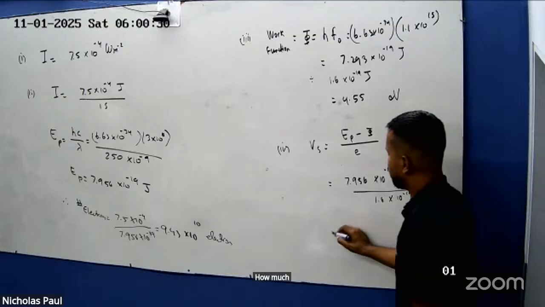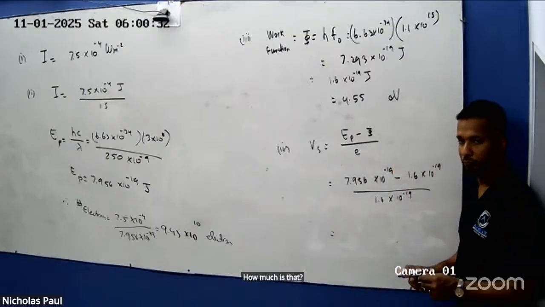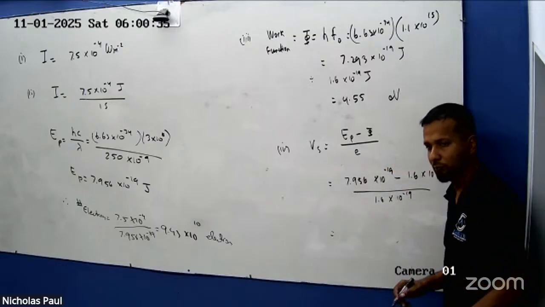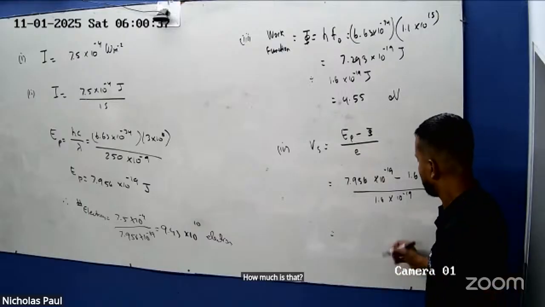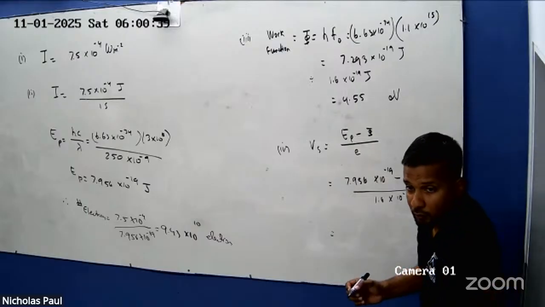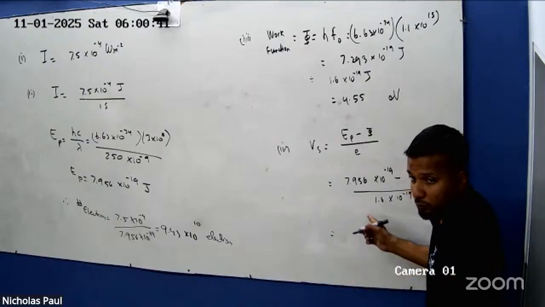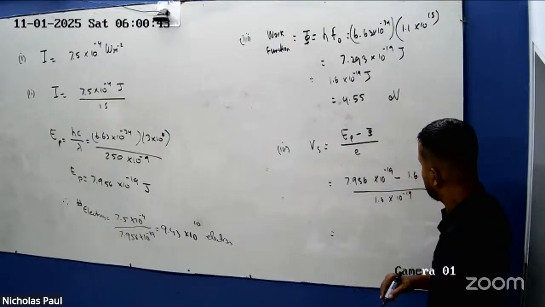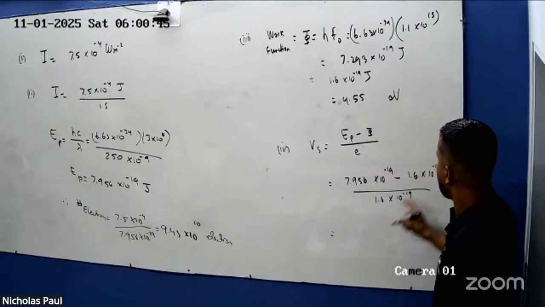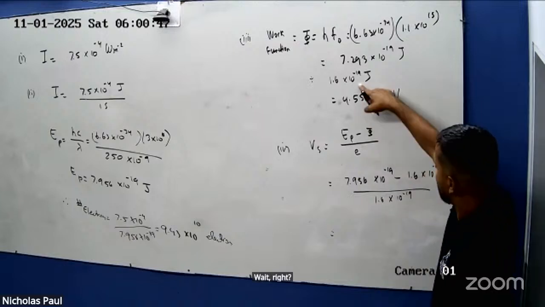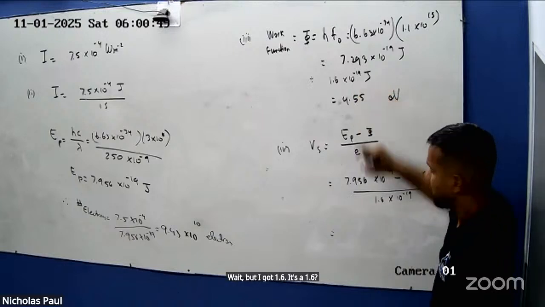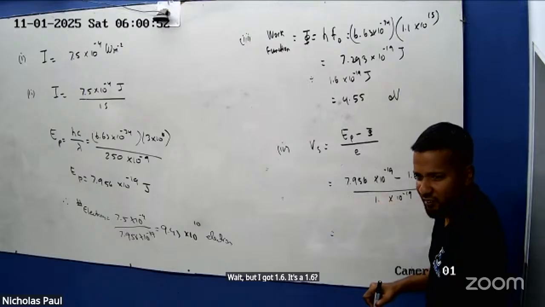How much is that? Wait, I get 1.6. What is the charge on an electron again?